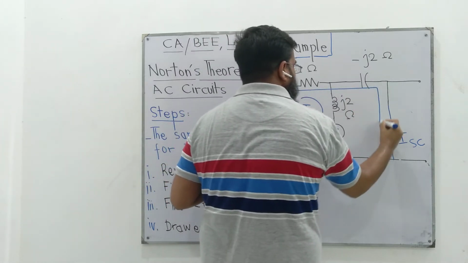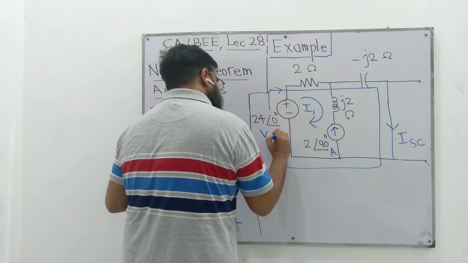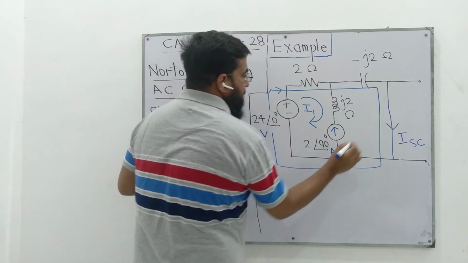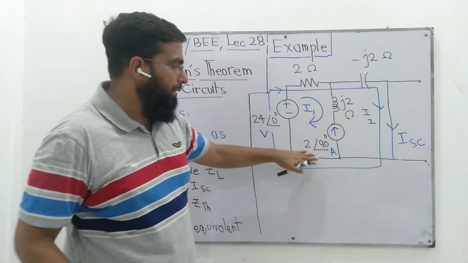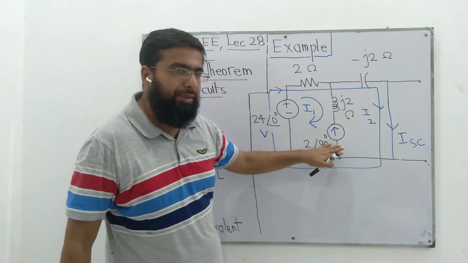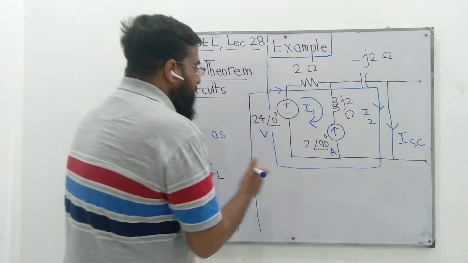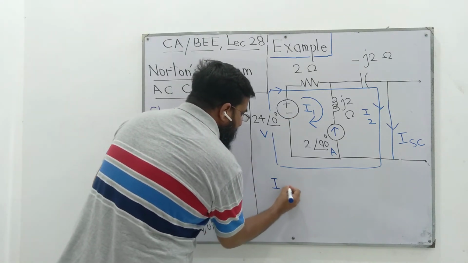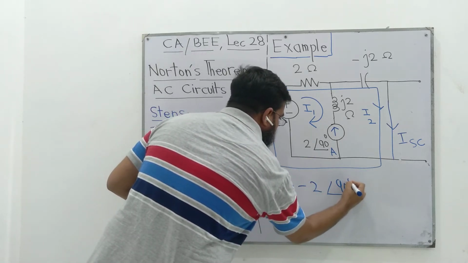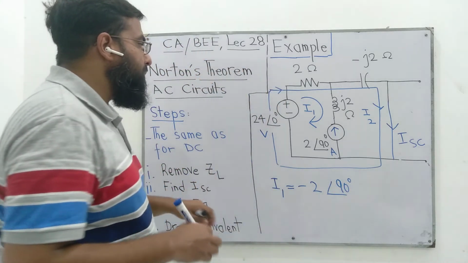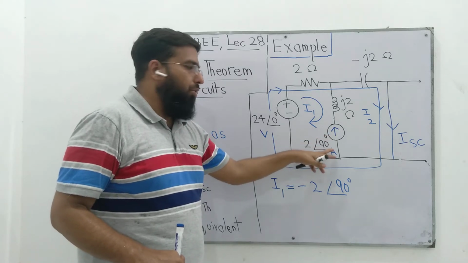When we face this situation, we go for a longer or bigger loop, and we ensure that this loop bypasses this current source so that it is not shared between our two assumed loops. So for loop number 1, I1 is minus 2 at an angle of 90 degrees. Why 2? Because our assumed direction of current is opposite to the direction of this current source.